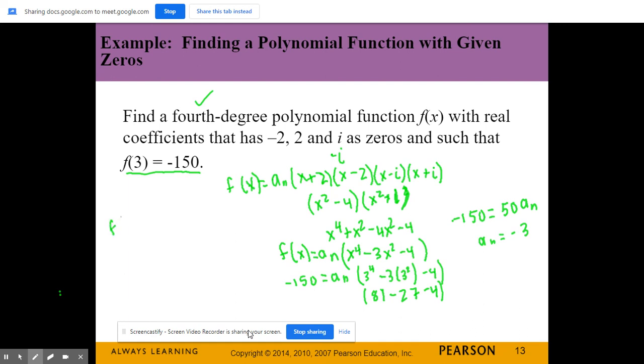So I'm going to rewrite that as f of x is equal to negative 3 times x to the fourth minus 3x squared minus 4. If I multiply that negative 3 in, I get f of x is equal to negative 3x to the fourth plus 9x squared plus 12. And that would be your answer there.